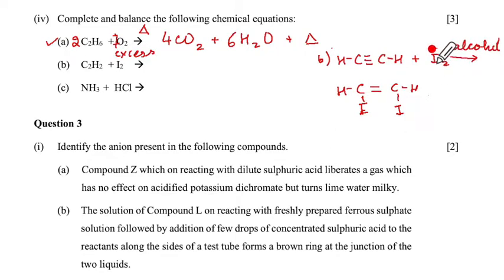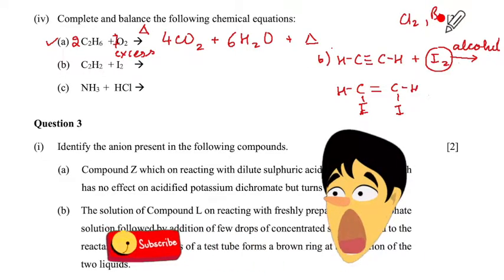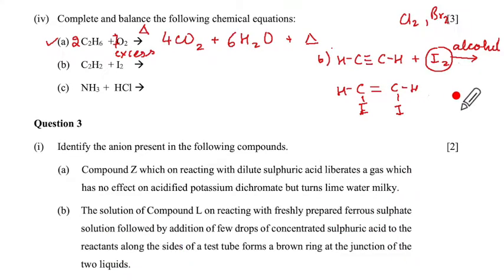And remember, unlike our chlorine and bromine, we will not have the double bond becoming a single bond. So we will have directly this product, which will be C2H2I2. Okay, and the condition is alcohol. This is your balanced reaction here.